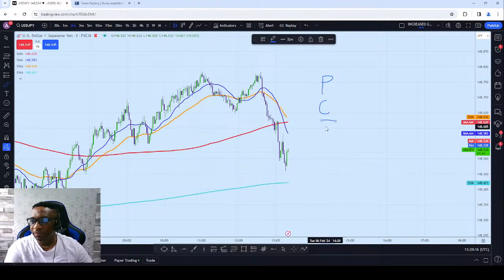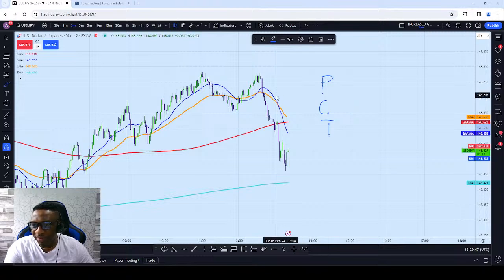PCT. If we had been here earlier on, we could have spotted this and taken advantage of it. Price was below the 20 moving average, which is our trend determinant.